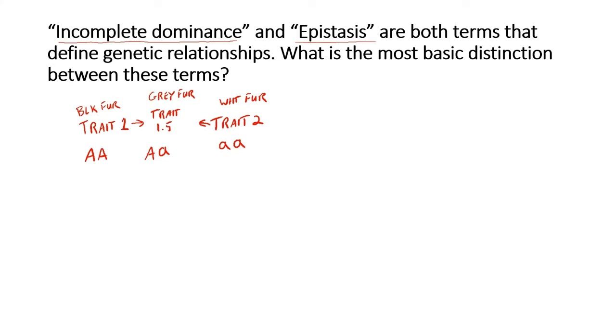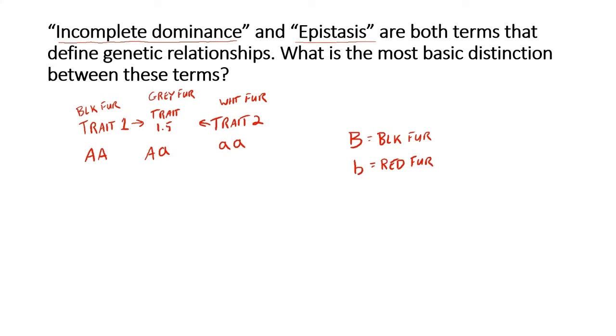So the example that I ran through was with dog fur. So you could have a gene that says dominant is the black fur allele. Recessive is, I'll call it the red fur allele, because that's how dog breeders discuss it.